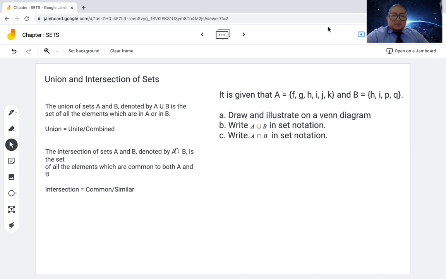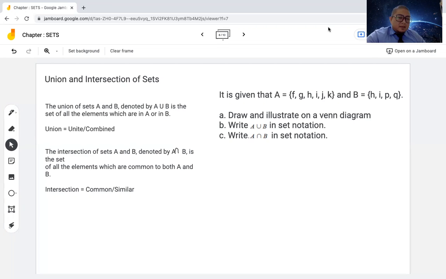When we say the union of sets A and B, denoted by A union B, this means that this set is the set of all the elements which are in A or in B. If the definition is not that clear, all we need to do is understand that you're going to combine the elements of the given sets that you have.